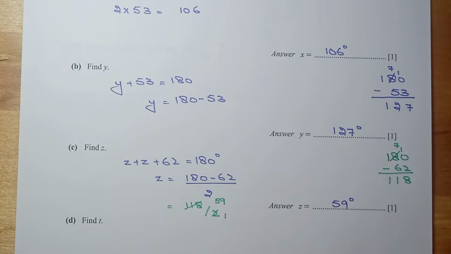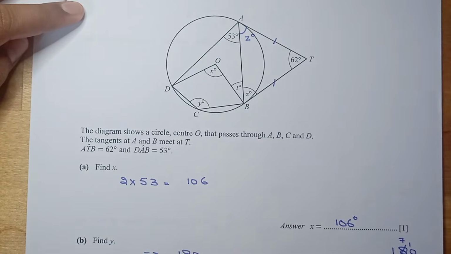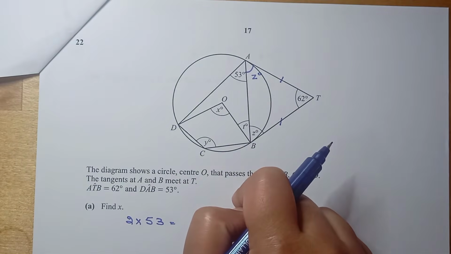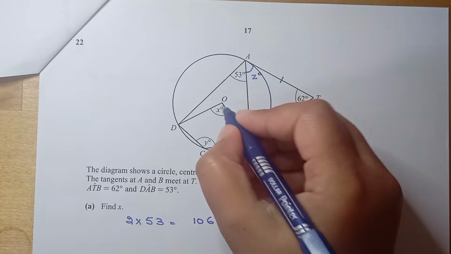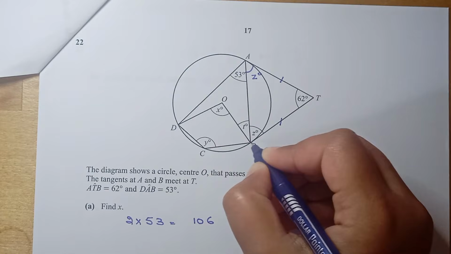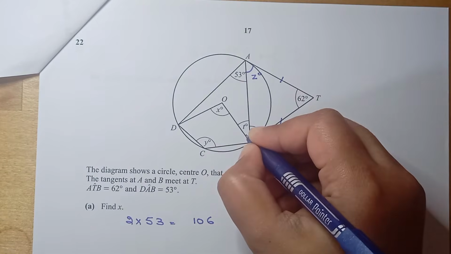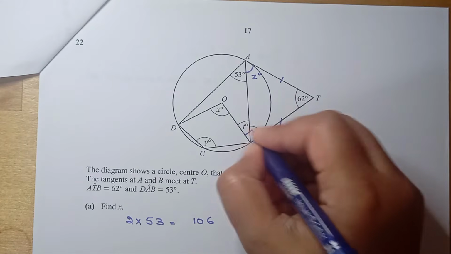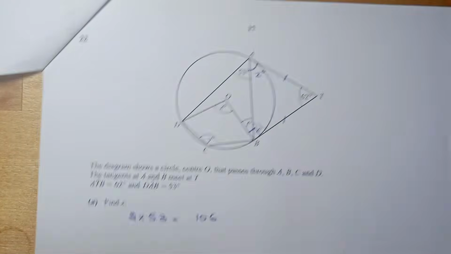Now for the D part, find T. So where is T? We have T over here. As you can see, OB is the radius of a circle, and we have a tangent at T. So this angle must be 90. When it is a tangent, it must be 90. So the sum of T and Z must be 90.